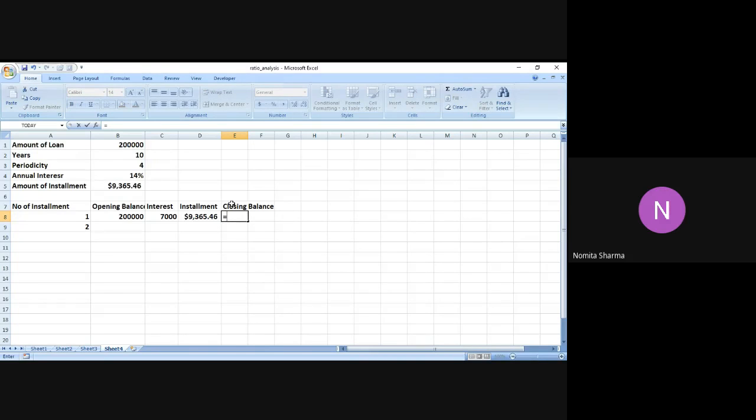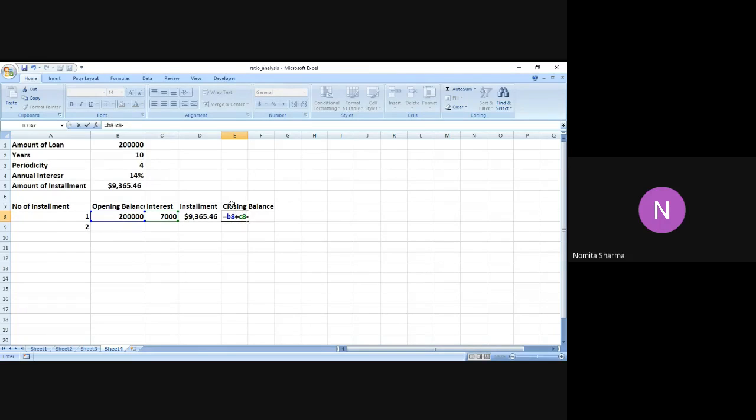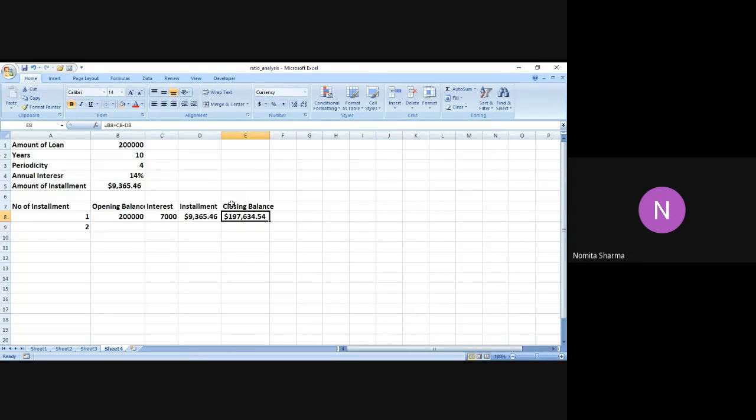So we simply say opening balance, which is B8 plus the interest, which is C8, and minus your installment, which you have to take from here. So I will simply say B8 plus C8 and minus D8. And I'll say enter. Right. So I got this particular thing over here.